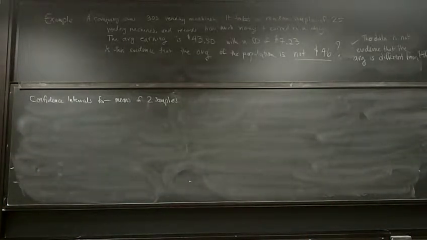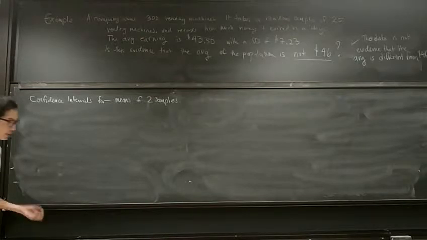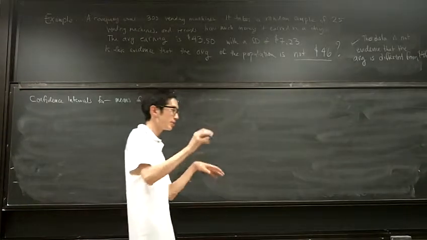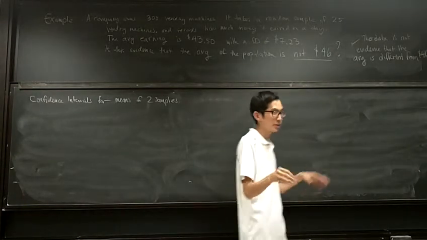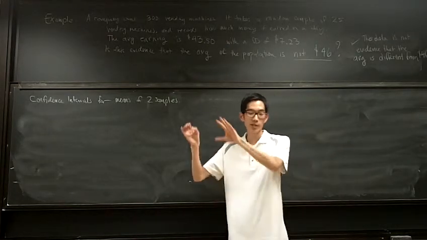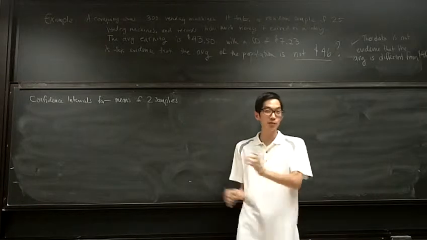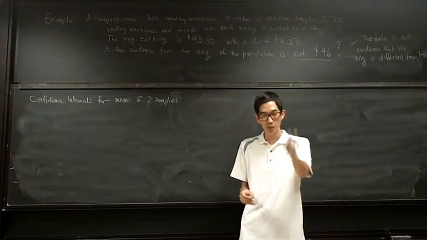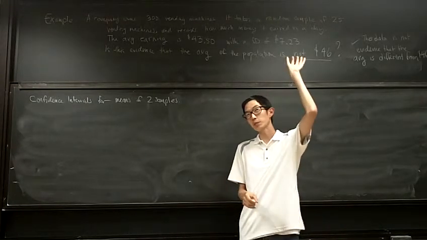Okay. Confidence intervals for means of 2 samples. So now we are dealing with 2 samples and we're comparing the means. And we want to see what this says about the respective populations. Confidence intervals for 1 sample, we looked at 1 mean and asked what does this say about the population?